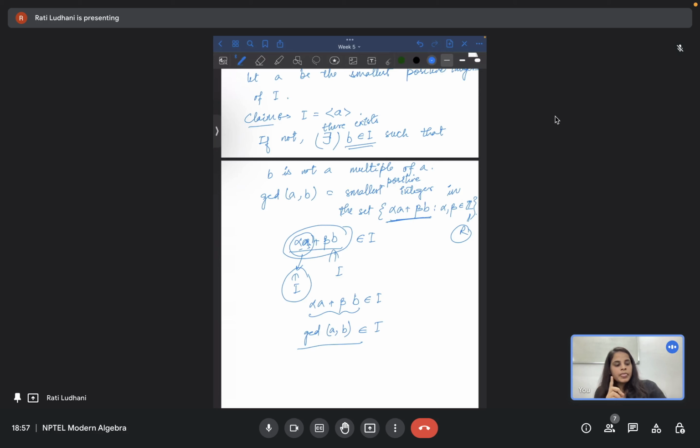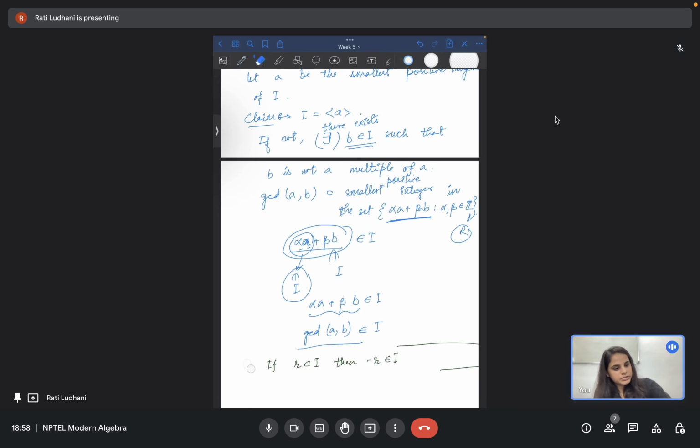One thing I am saying: if B belongs to I, are you convinced that minus B will be in I too? So I'm saying if some element r belongs to I, then minus r belongs to I in the integers.